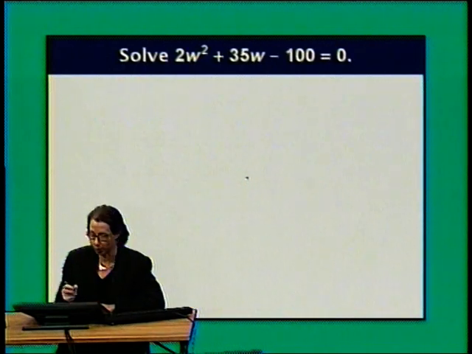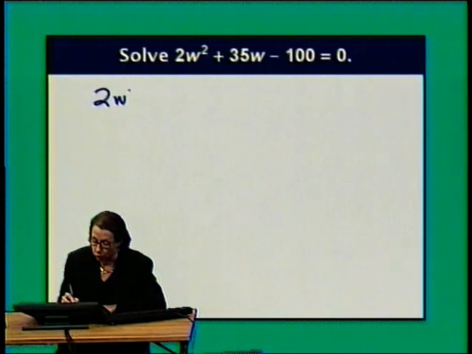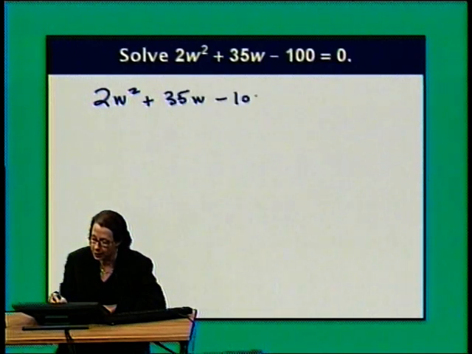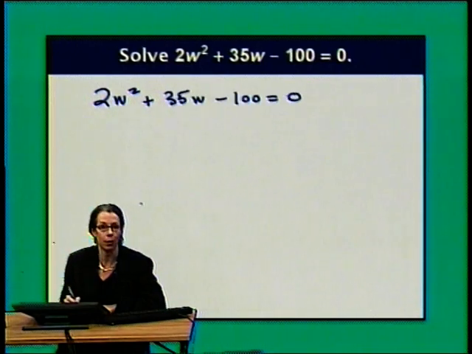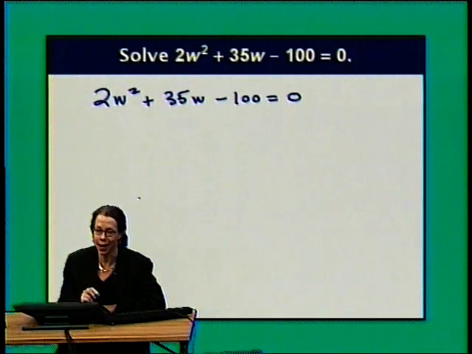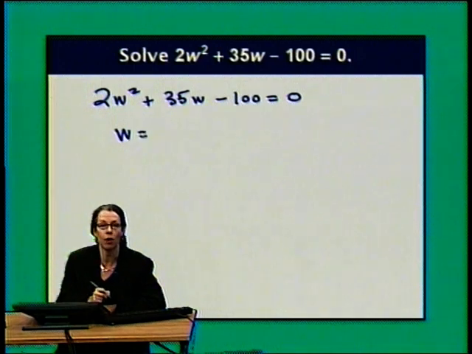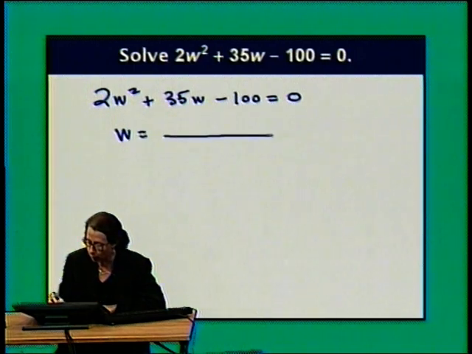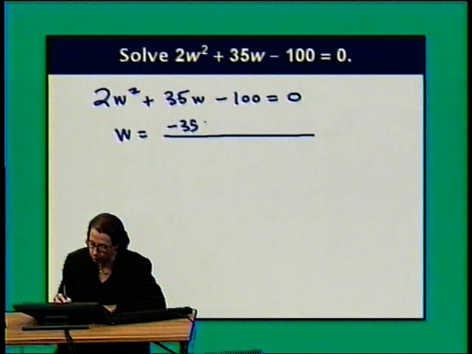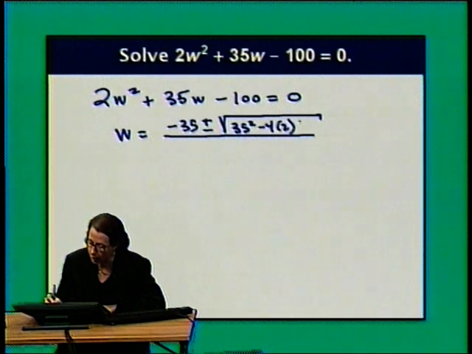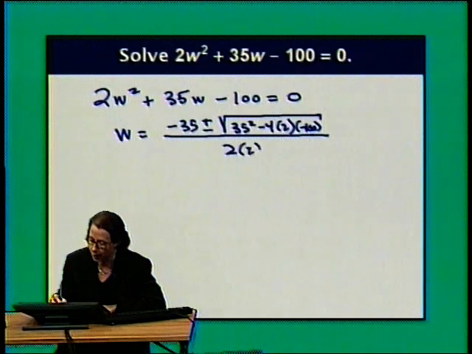So let's do it. For this equation, a equals 2, b equals 35, and c equals -100. My variable's w, not x. So when I write down the values for w using the quadratic formula, I have w equals the opposite of b plus or minus the square root of b squared minus 4ac, all over 2a.